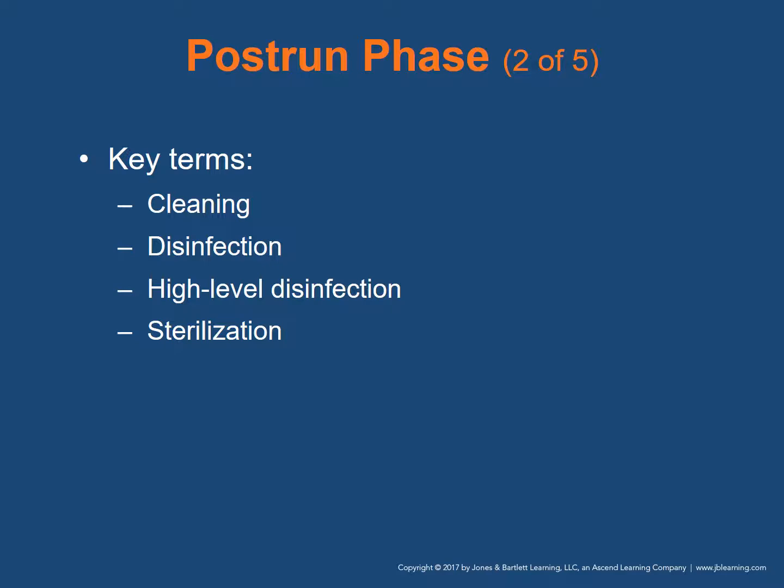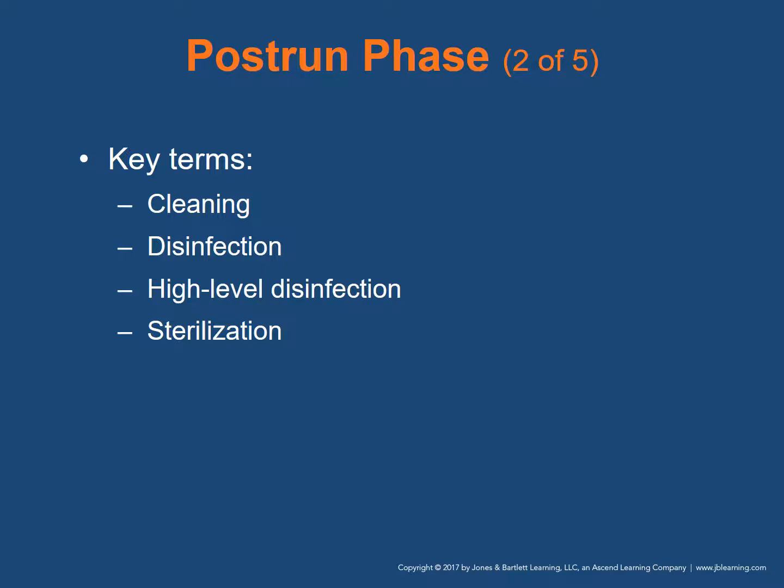disinfection. Disinfection is using some sort of chemical agent to actually kill or destroy pathogens that might be on the gurney or the equipment or the surfaces of the ambulance.